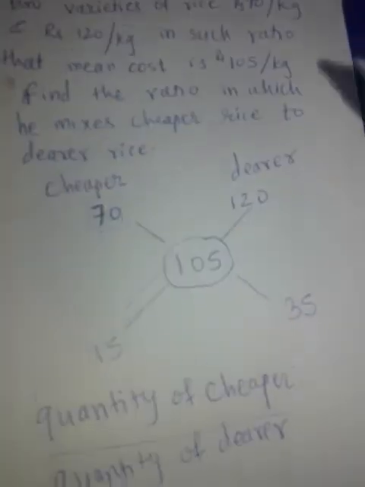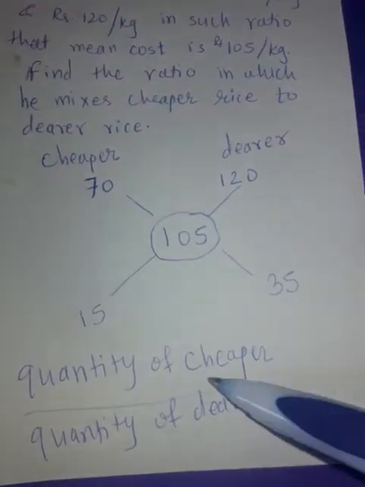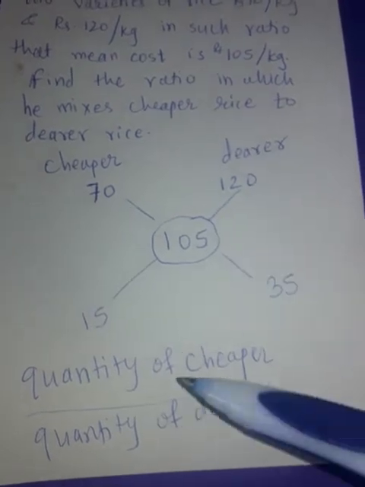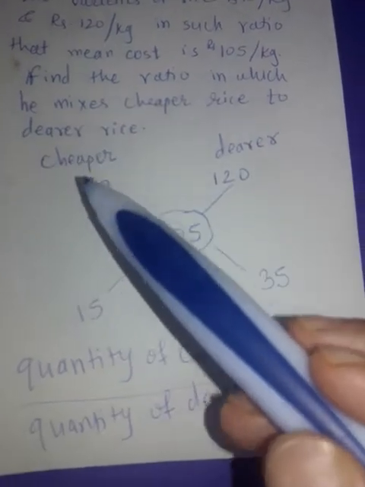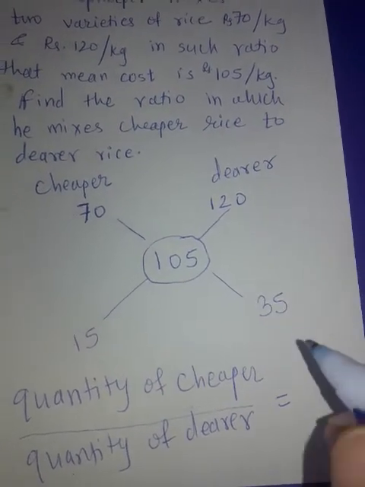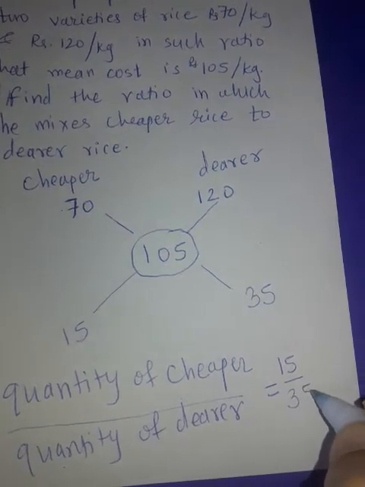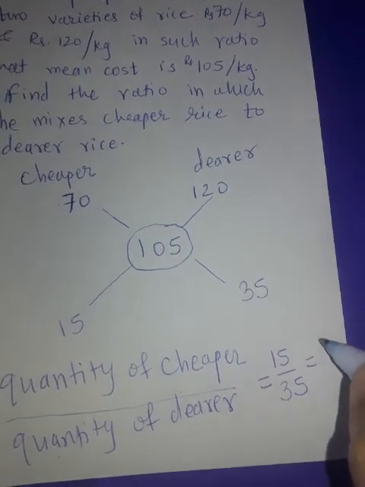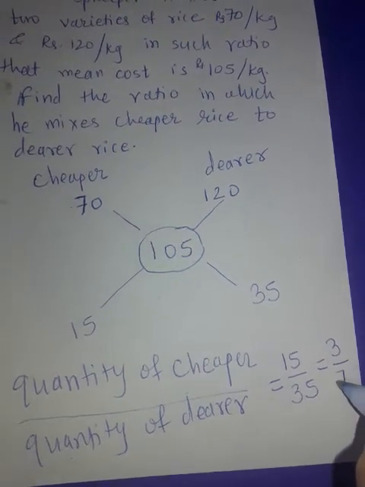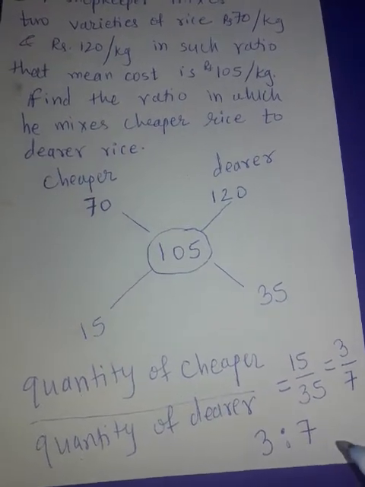So how will I apply here? This is cheaper, dearer. Quantity of cheaper upon quantity of dearer. What is below cheaper? 15. And below dearer? 35. So this is 15 upon 35. Can I reduce it further? 5 3s are 15 and 5 7s are 35. So your answer is 3:7.